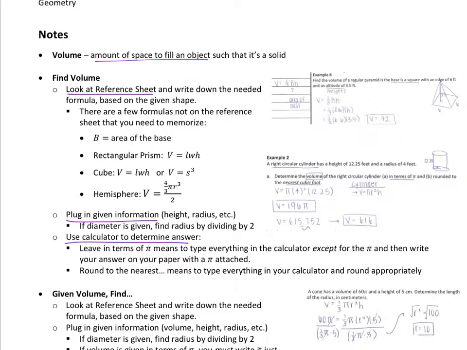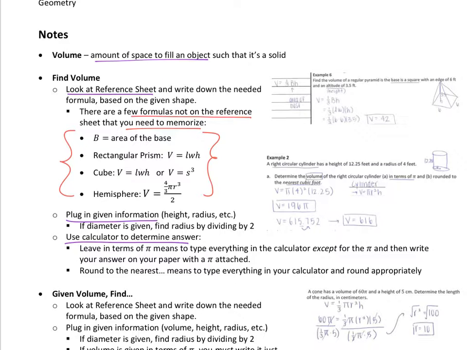Now, if we're talking about the reference sheet, there are a few formulas not on the reference sheet that you need to memorize. That would be these four right here. Big B is used in the reference sheet several times, and it stands for the area of the base. It's not really a formula that you have to memorize, but it is something that you have to recognize. Big B means the area of the base.